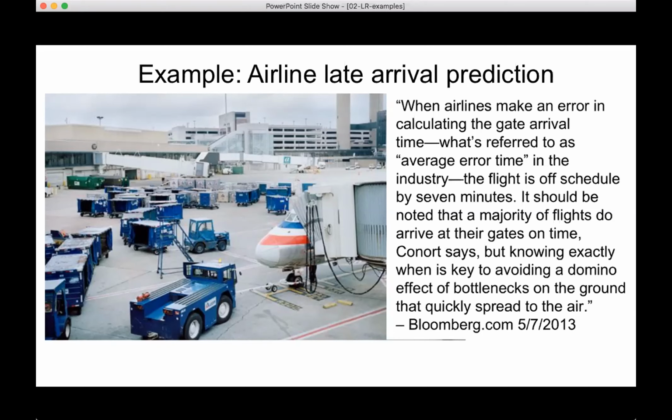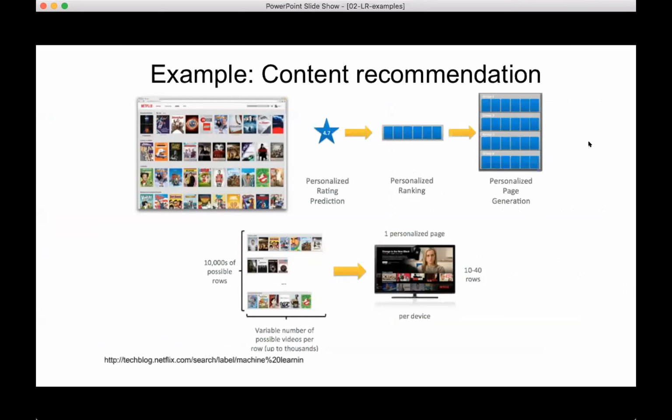And you can imagine that this regression problem, predicting the time at which a flight will arrive at the gate, is very complex, because it doesn't just depend on things on the ground, it depends on the weather systems as well.